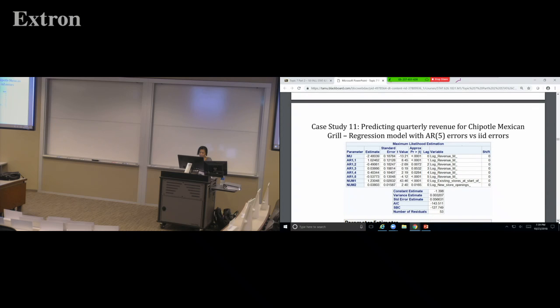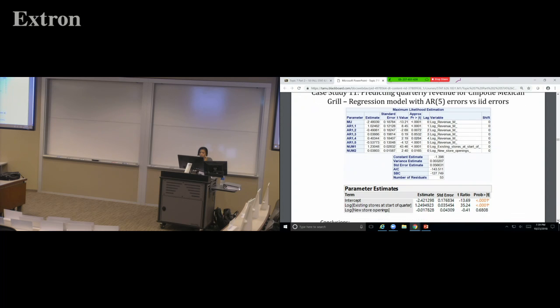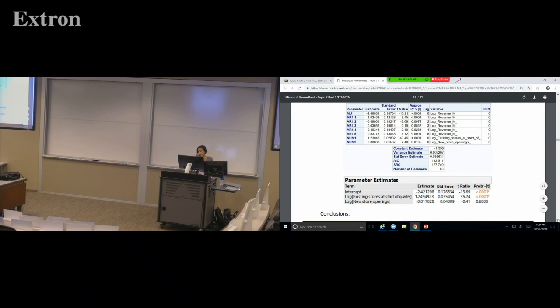Okay, so back to the idea here, comparing our output from the regression model using an AR5 for our errors compared to the regression model with identically independently distributed errors.